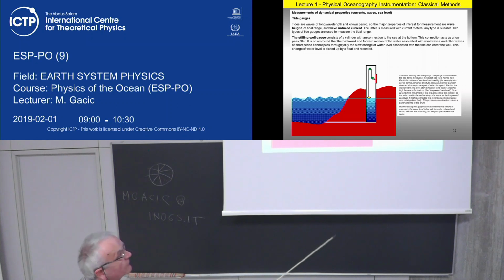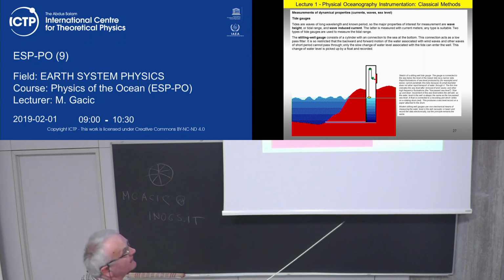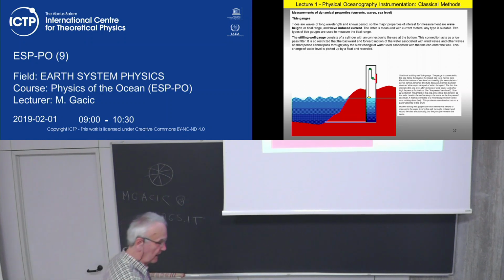This is how it works. Modern stilling well gauges use non-mechanical means of measuring the water level in the well, acoustic or laser, and record the data electronically, but the principle remains the same.